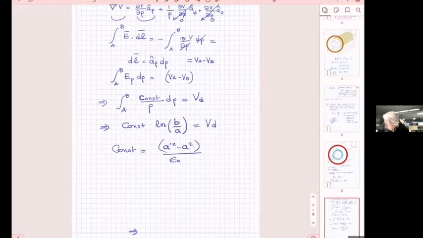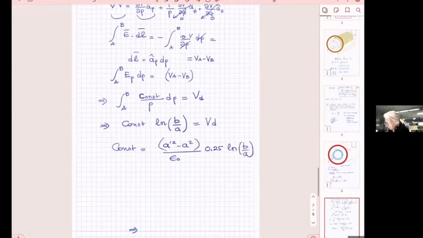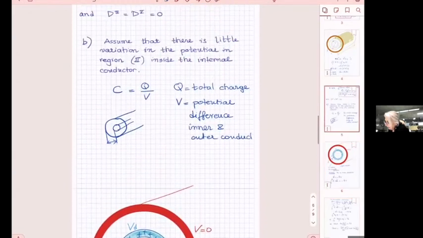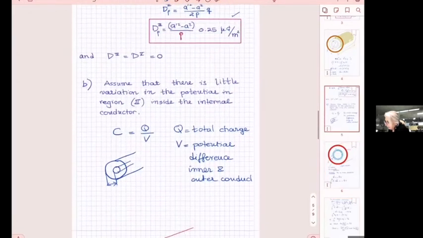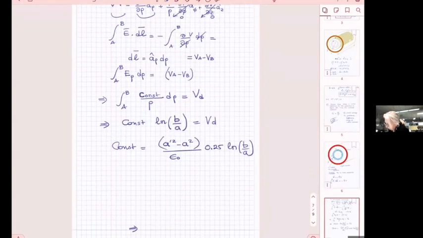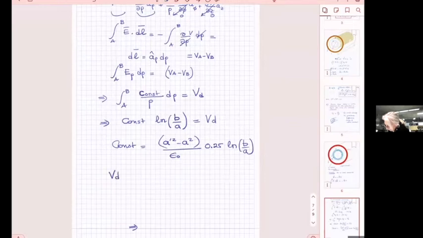What else do I have? 0.25 from that micron. And then I have ln of B over A. And what units do I have? Microcoulombs per meter square. And that's going to be the whole thing then, V sub D.